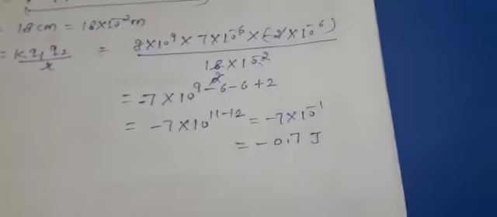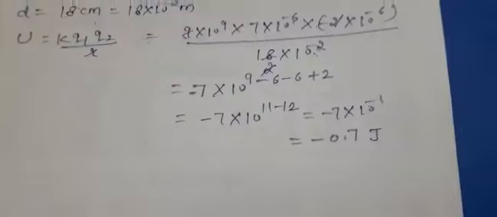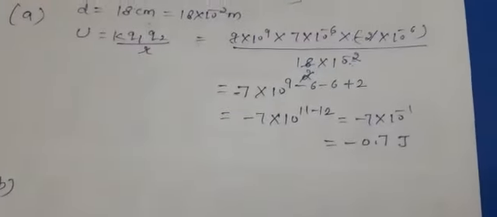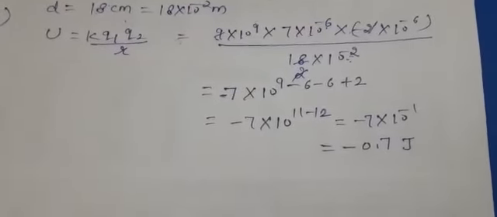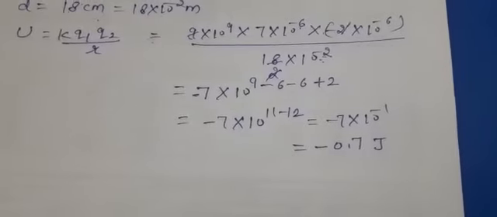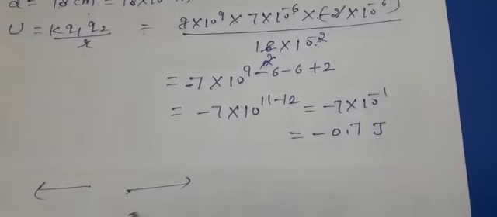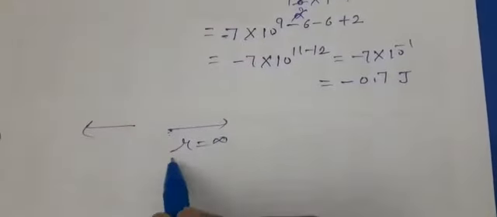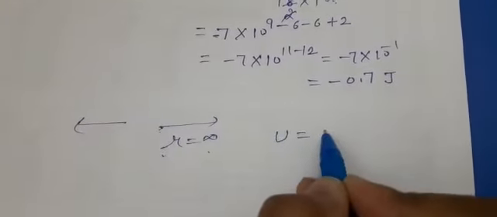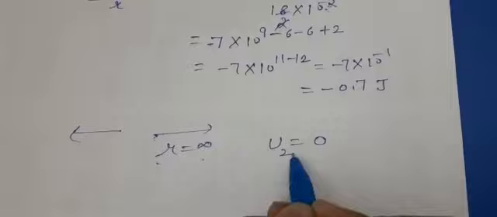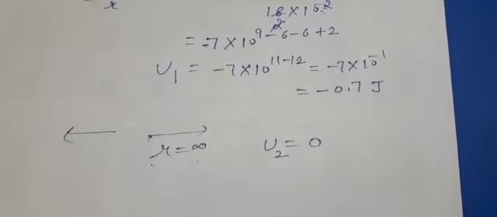Now in the B part: how much work is required to separate the charges? It means we have to separate the charges to an infinite distance apart. When R is infinity, potential energy will be 0. Let it be U2 and the initial be U1.